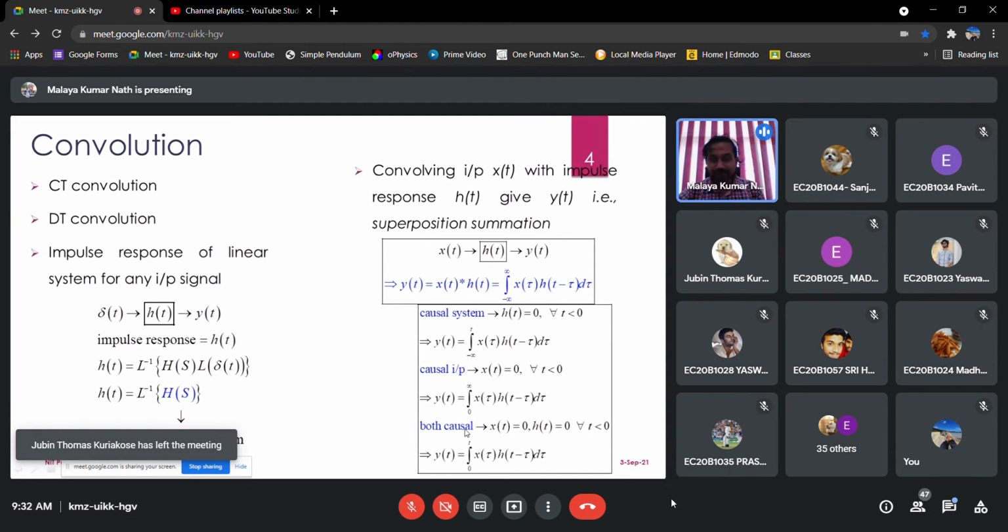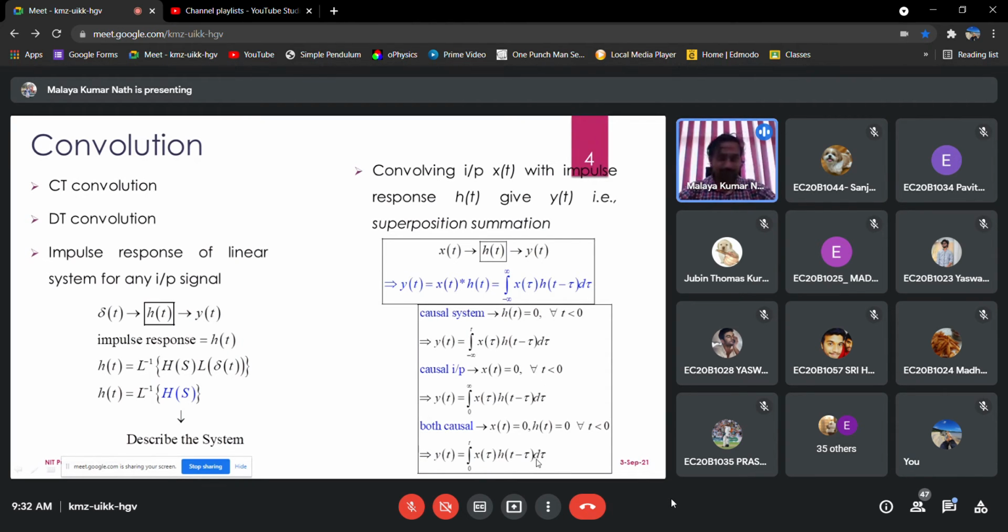In this case, the limit of integration is 0 to infinity of x of tau, h of t minus tau. Now, if both x(t) and h(t) are causal, that means x(t) is 0 for t less than 0 and h(t) is also 0 for t less than 0, then this integration will become the integral from 0 to t of x of tau, h of t minus tau. Anybody has any doubt? Please tell me.